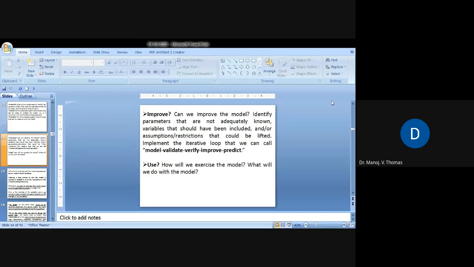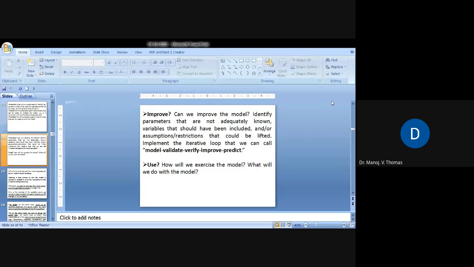So I modify the assumption, or I make new assumptions, and that is how it makes the iterative loop that we call model, validate, verify, improve, predict. Predict here means the final prediction. You have a model, and in between you also have predictions, but the predict here is the final, verified prediction. So you have a model, then you validate it, then you verify it, then you improve.